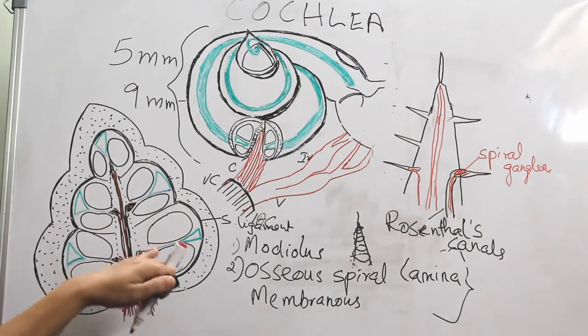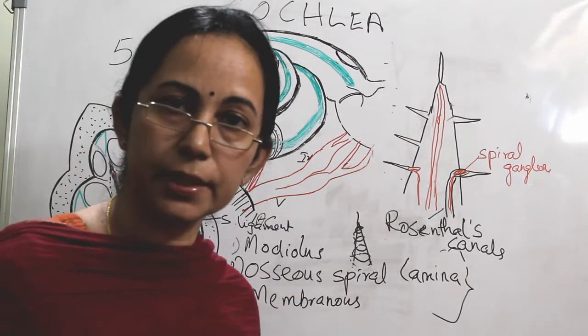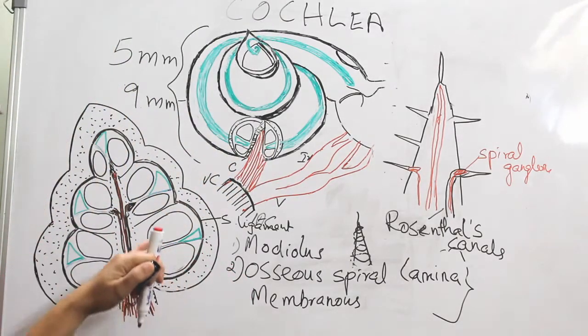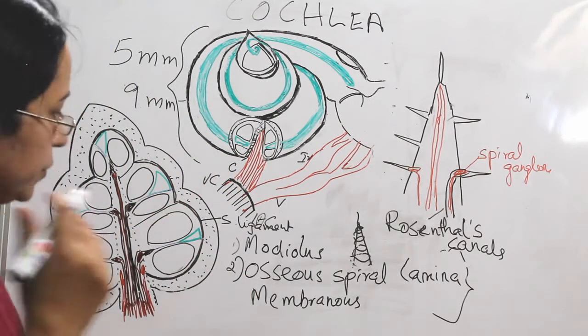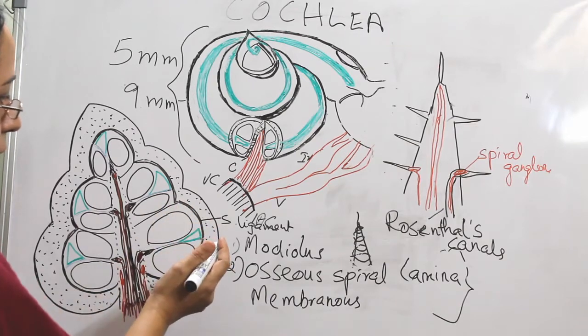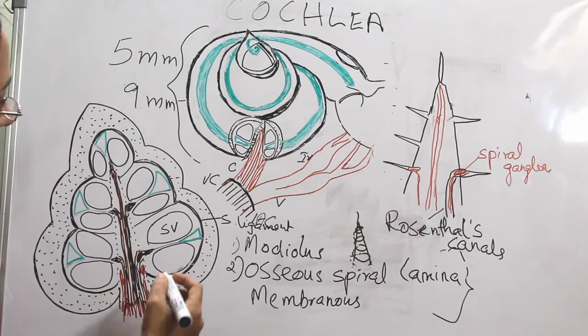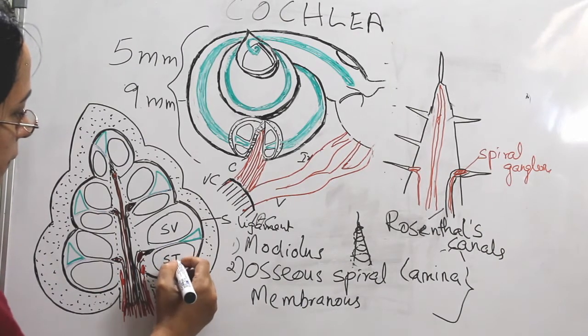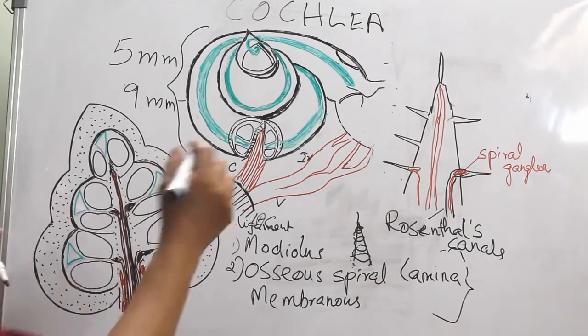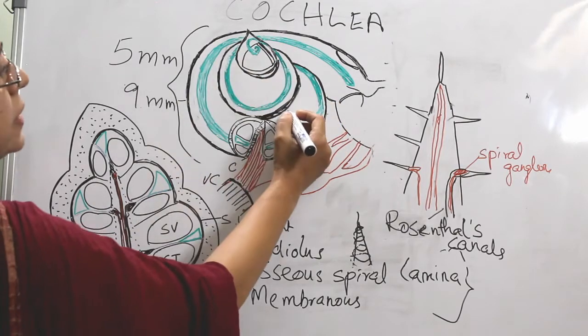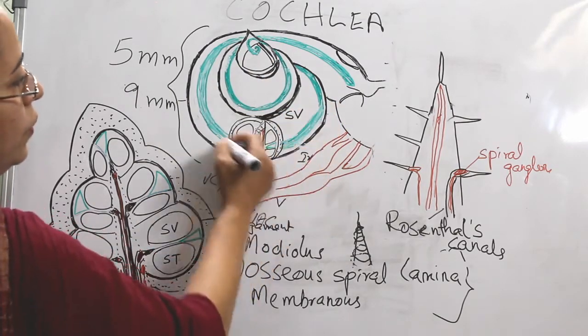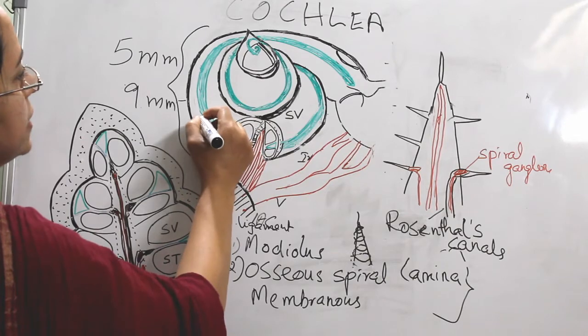And this osseous as well as the membranous spiral lamina divides the cochlea into an upper part, that is the scala vestibuli, and the lower scala tympani. Okay, so here the upper part will be scala vestibuli and the lower part will be scala tympani.